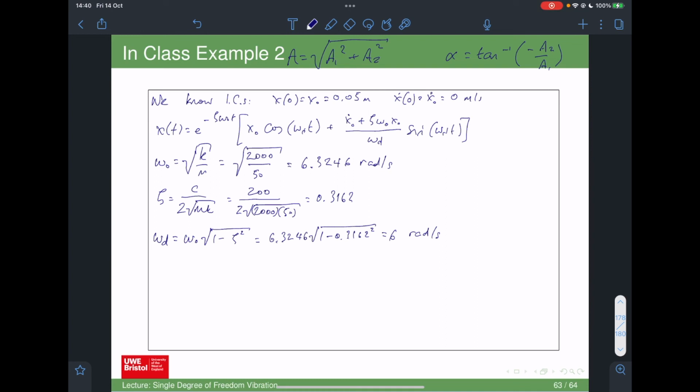And now it's just a matter of putting the numbers in.